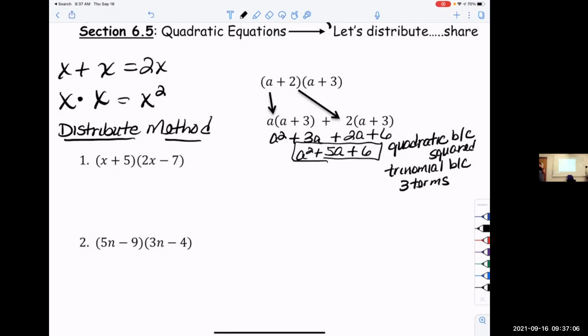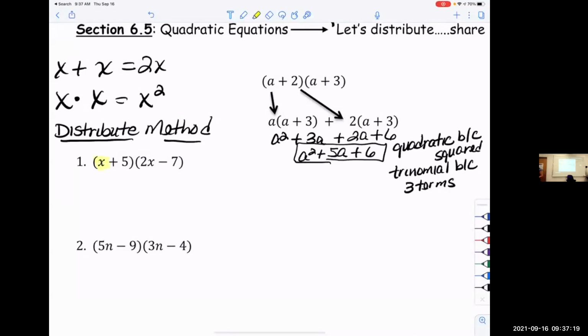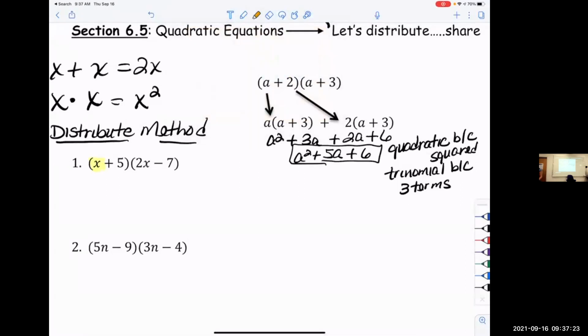All righty. And you can do it in your head. You can do it on paper. You know what you're comfortable with. You know if you're getting the right answers or not. So you make those decisions. But if we're using that method, first we're going to distribute the x, then the positive 5.